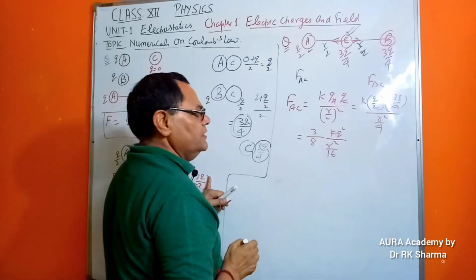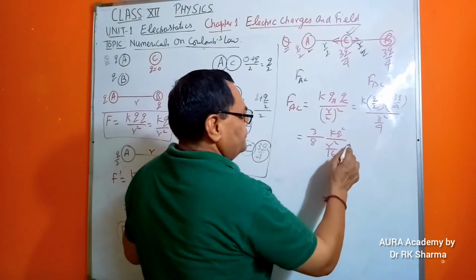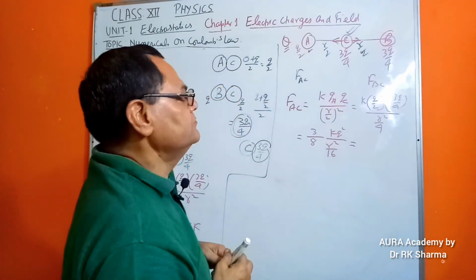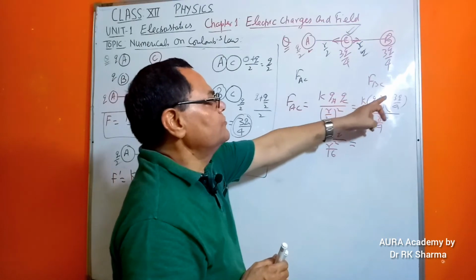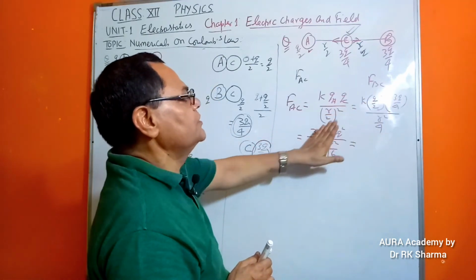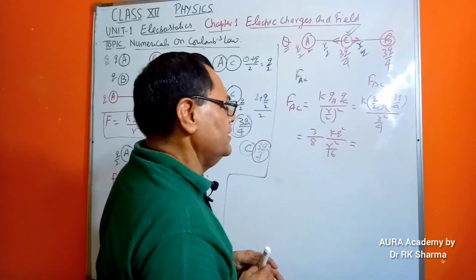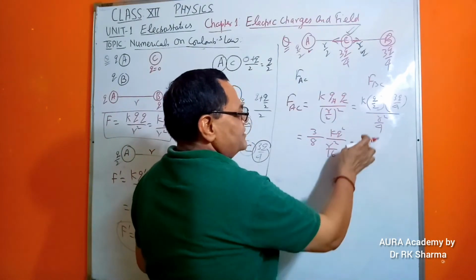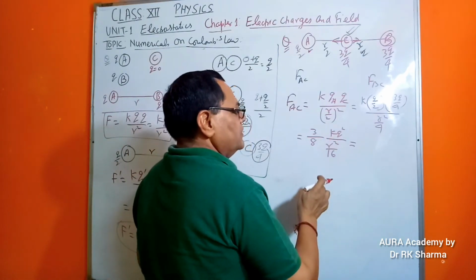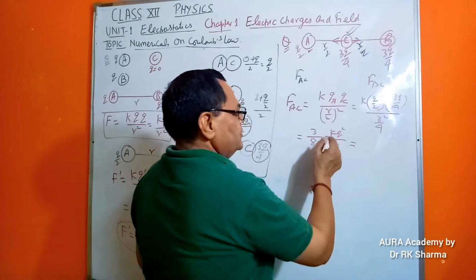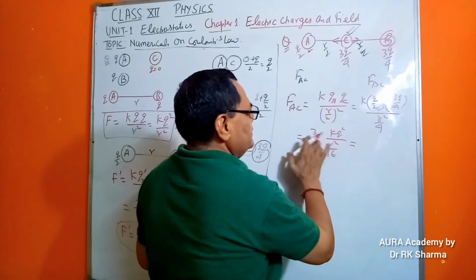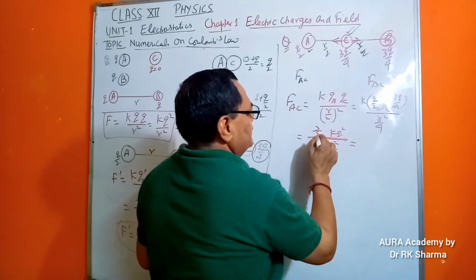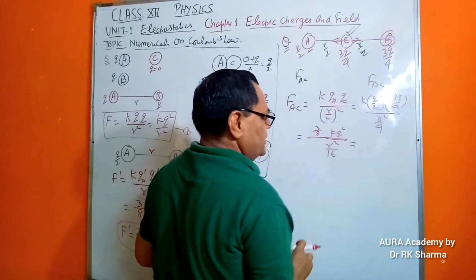So therefore how much is it becoming? It is k q square, so 3 by 8 k q square upon r square, and the 16 will go up, because 3 by 8 was in the numerator basically. Let's see it this way, 2 4s are 8.